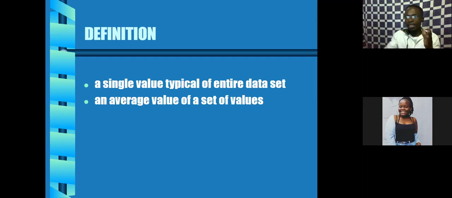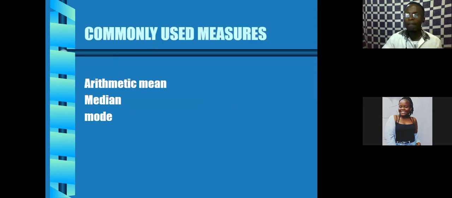So all the data in the data set is falling somewhere around that single value, which is called the measure of central tendency. An average value of a set of values is also called the measure of central tendency.